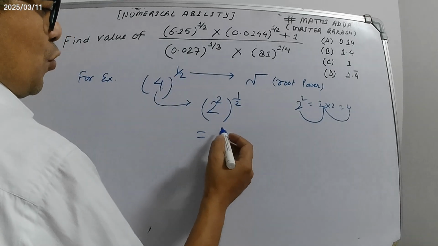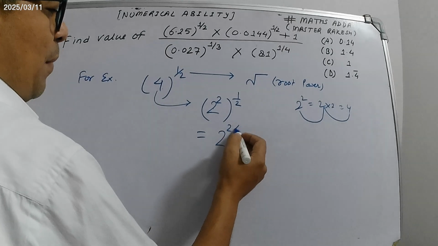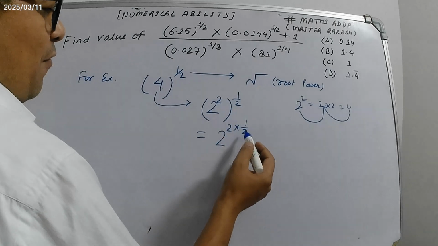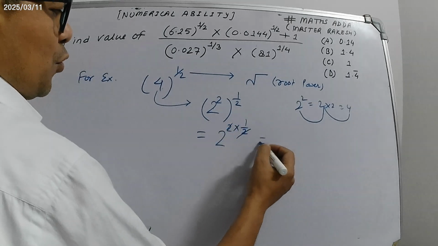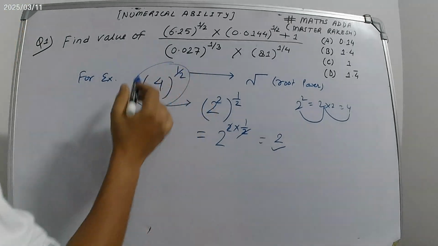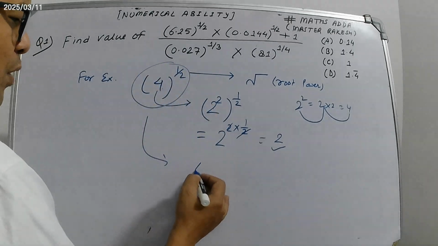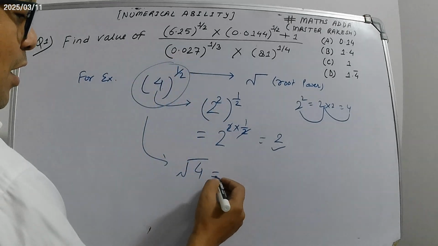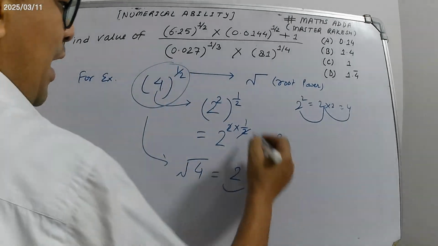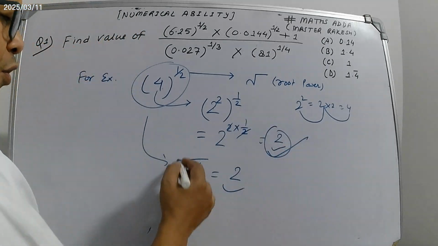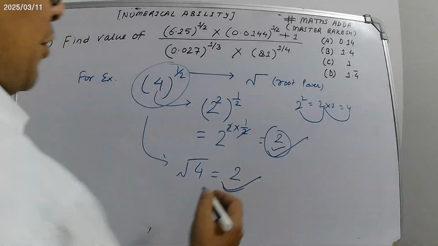When it is power on power, the powers get multiplied, so the 2 and 2 cancel and we get 2 raised to power 1, equal to 2. It means 4 raised to power 1 by 2 can also be written as under root 4. 1 by 2 power converts to under root 4, which is 2. So whichever way you solve it, you get 2.